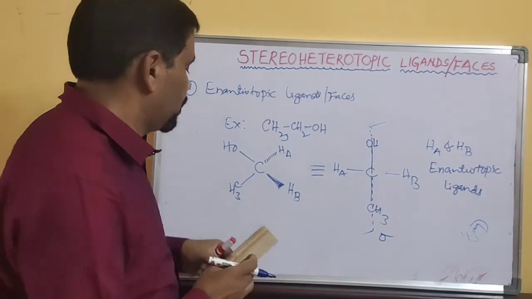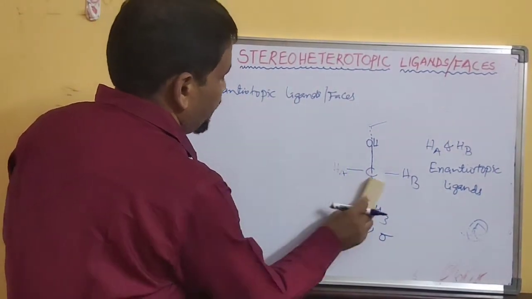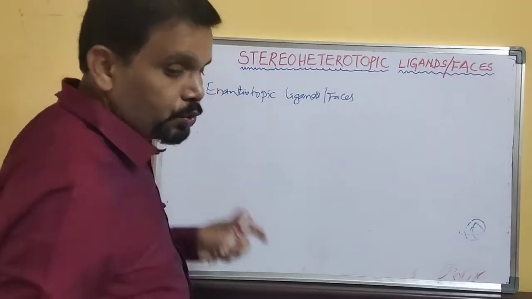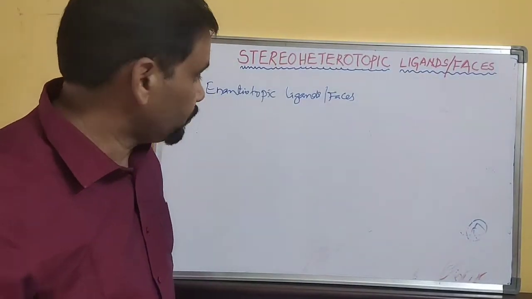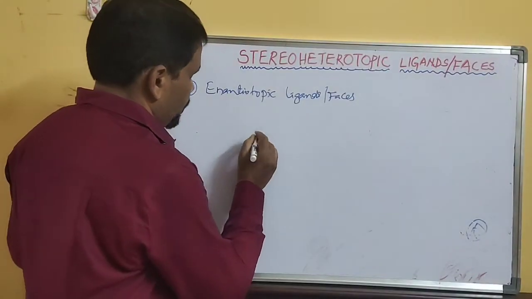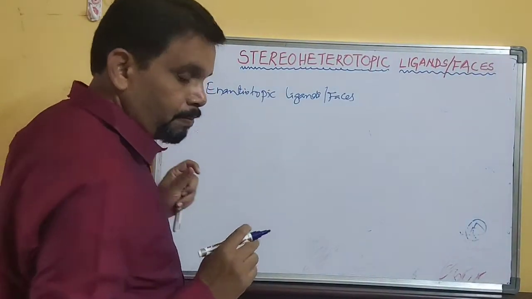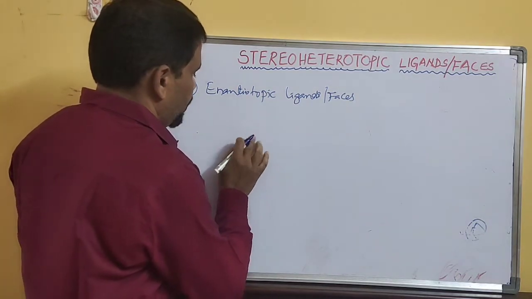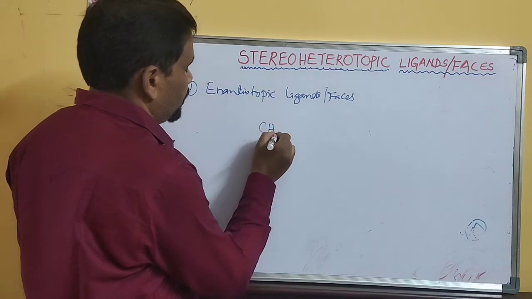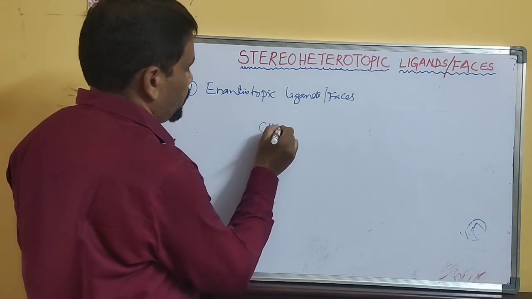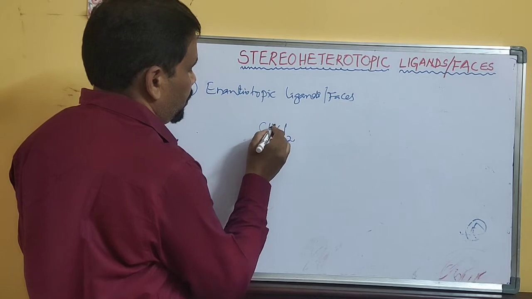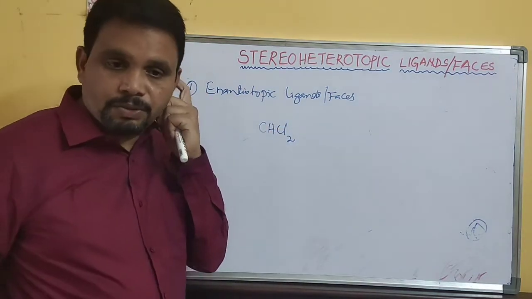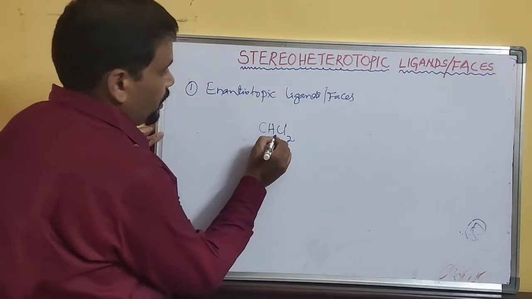I'll give some more examples to understand clearly the definition and concept of enantiotopic ligands. The other one, suppose, please check yourself with this example: CH2Cl2, right?